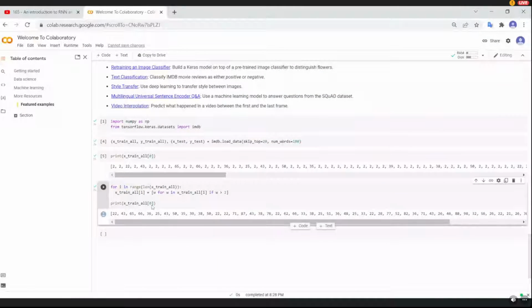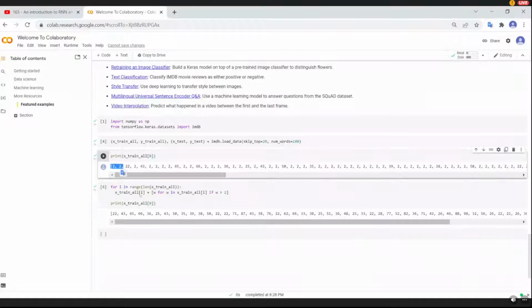Now you can see how the twos are deleted because it's less than two. It's not greater than 2. This is deleted, so 22, 43, 65, 66.